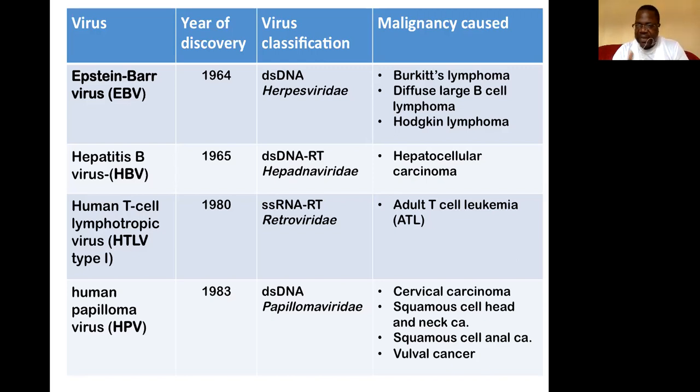This is mainly associated with the cervical cancer in women. And we have a squamous cell head and neck cancer. And we have also anal cancer, or we have also vulva cancer. So those are the different types of cancers that are associated with HPV, or human papilloma virus.